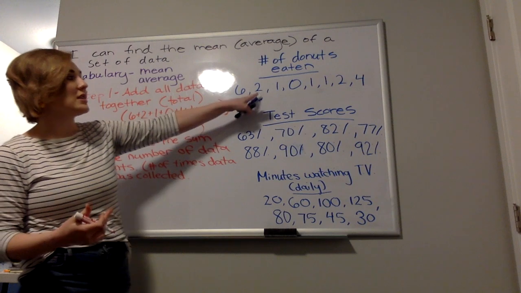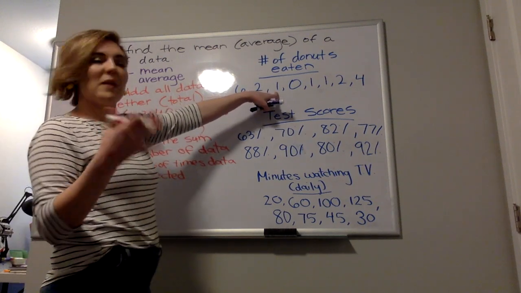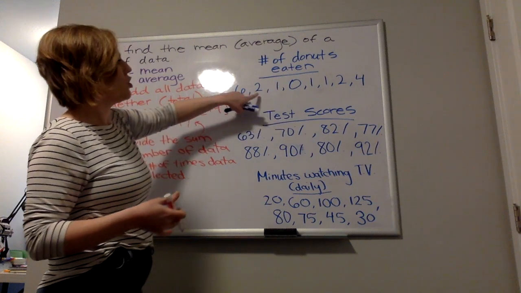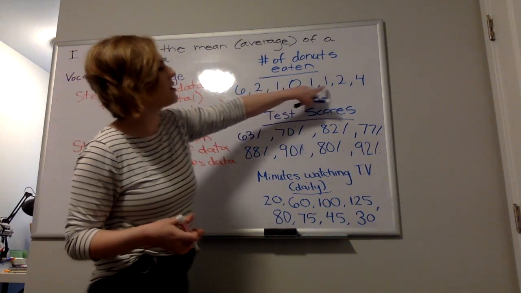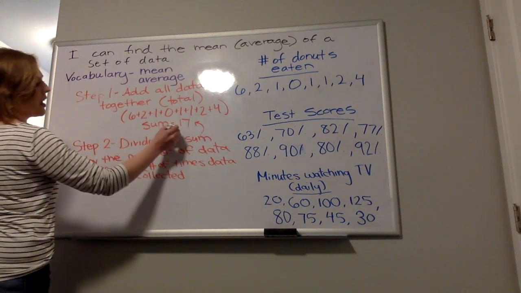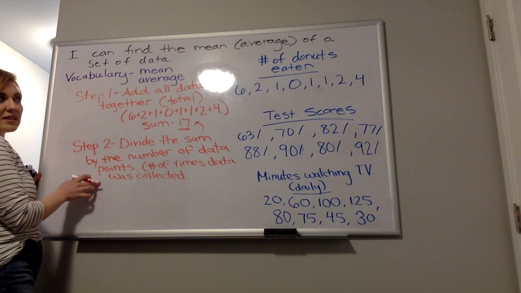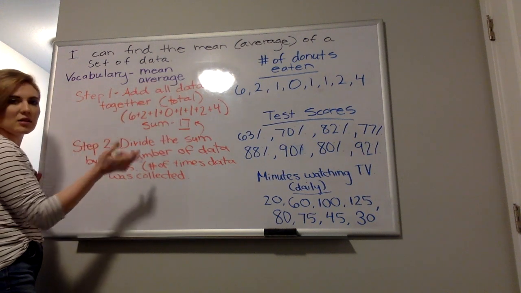So each of these numbers represents a data point. We need to see how many people we asked. We asked 1, 2, 3, 4, 5, 6, 7, 8 people. So you are going to take the sum, 17, and divide it by 8, since there are 8 data points.